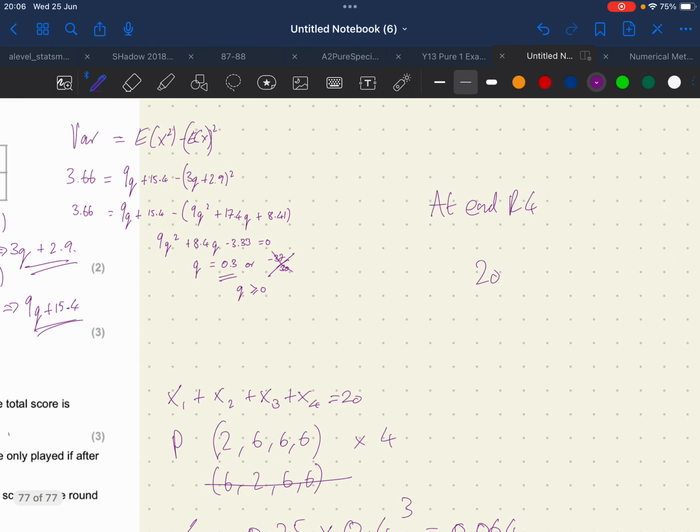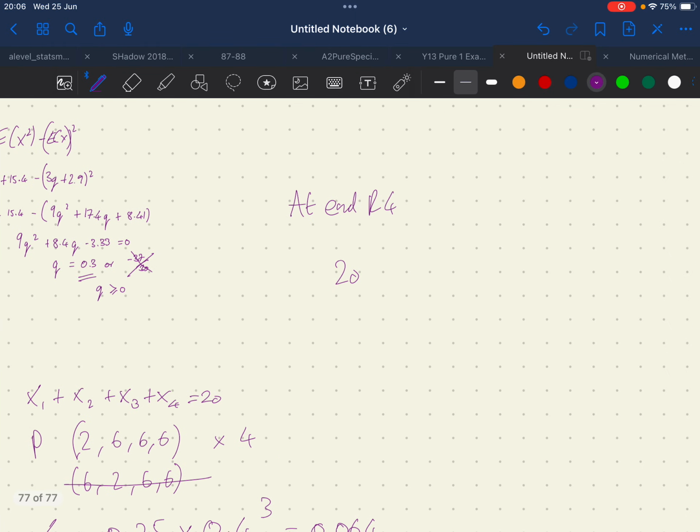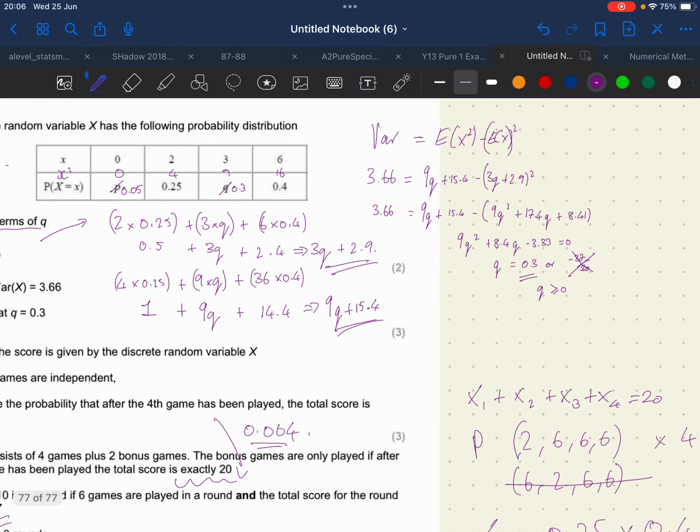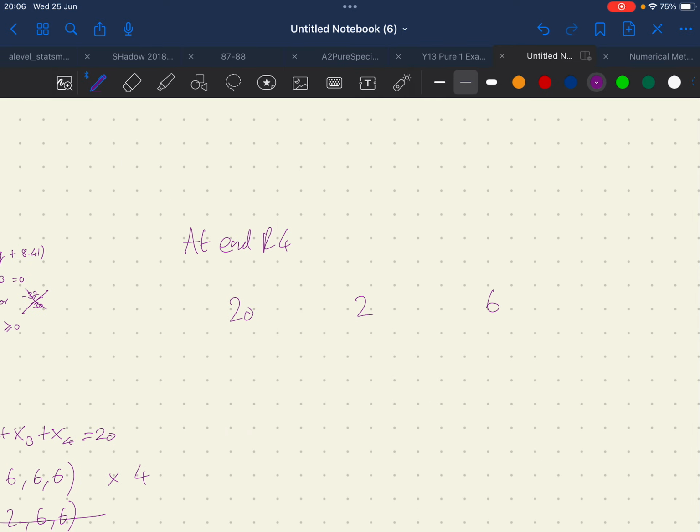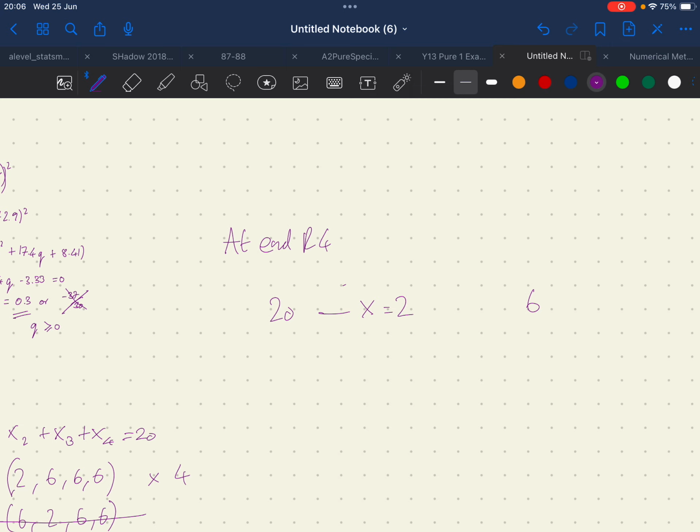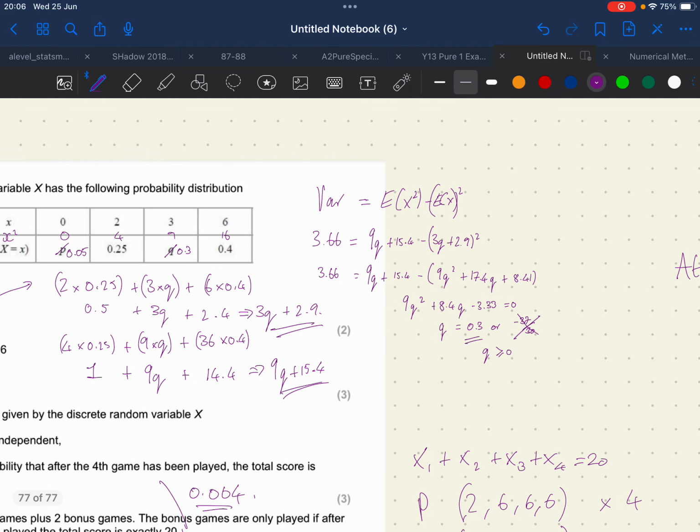So we could do a 2 and then a 6. So we've got 20 and then x equals 2 and then x equals 6. So that's one pathway that works. What else have we got? So that was it for 2.